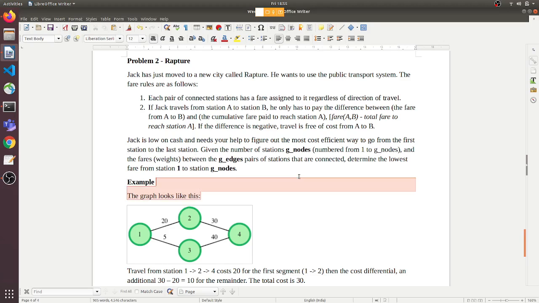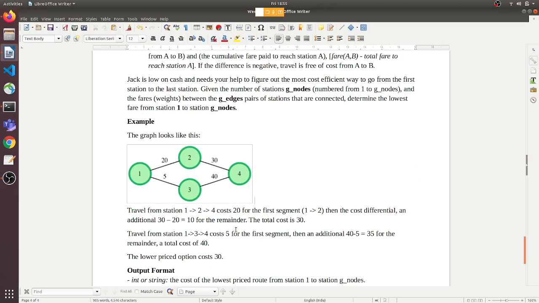So in this example, if we take the path 1 to 4, then the first segment costed us 20, and the second segment costed 10, which was the differential: 30 minus whatever the cost of reaching the previous node was, which was 20. But we take the addition of them. So 20 plus 10 gives us 30.